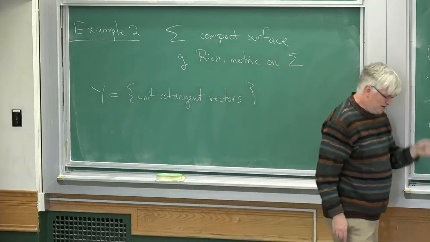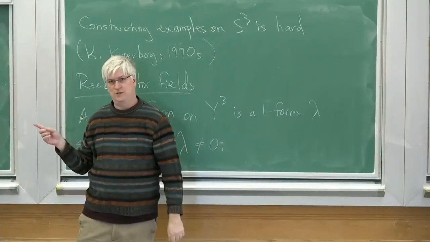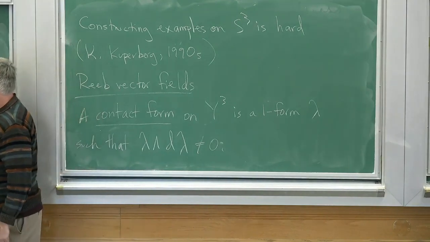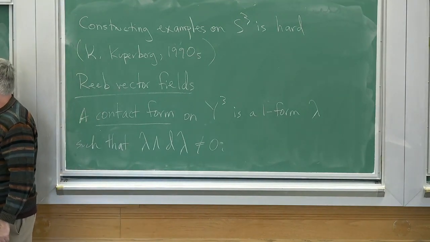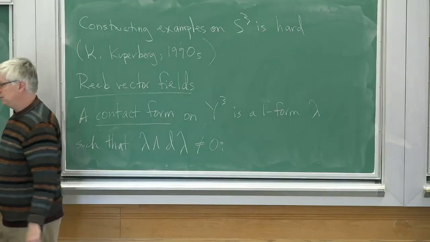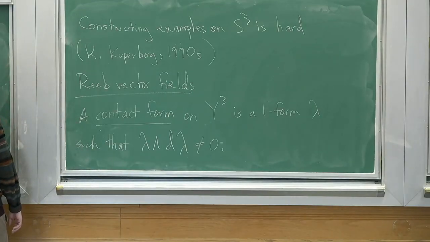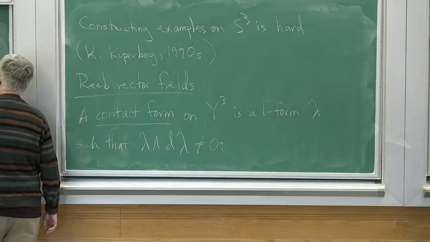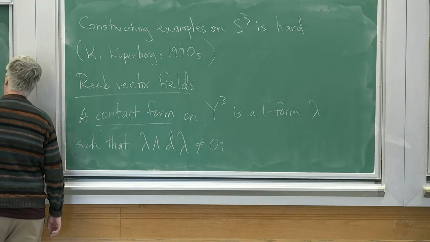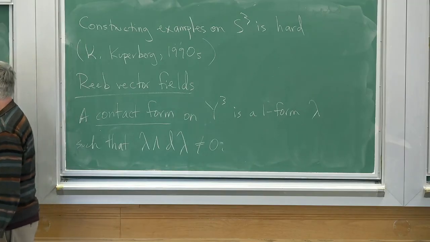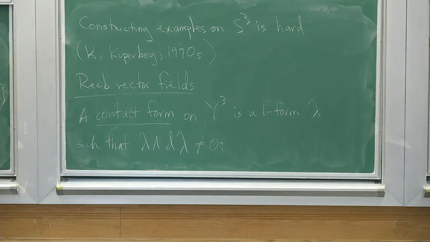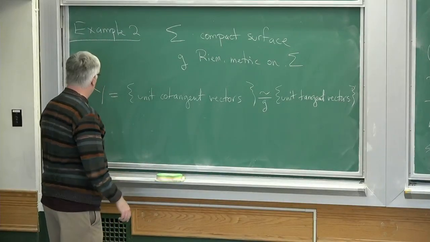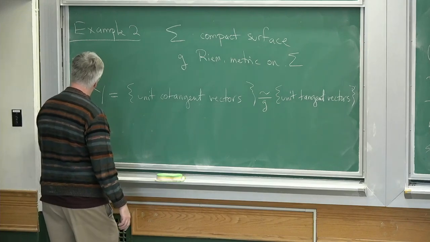The metric gives you an identification between tangent vectors and cotangent vectors, so you can think of these as unit tangent vectors. These are tangent vectors that have length 1 with respect to the metric. So this is now a 3-dimensional manifold because at every point on the surface there's a 1-dimensional circle of unit tangent vectors. And this has a canonical 1-form.